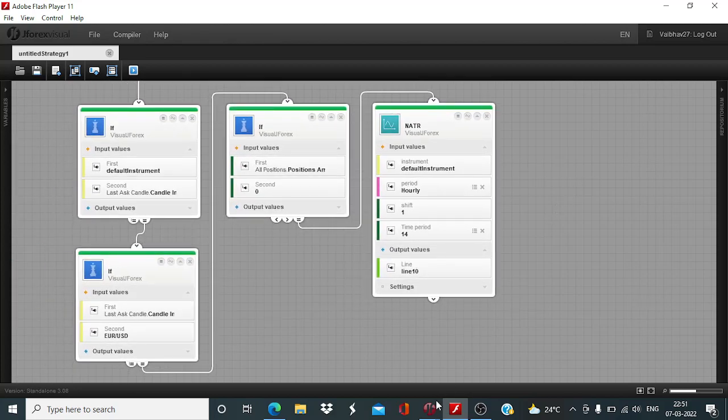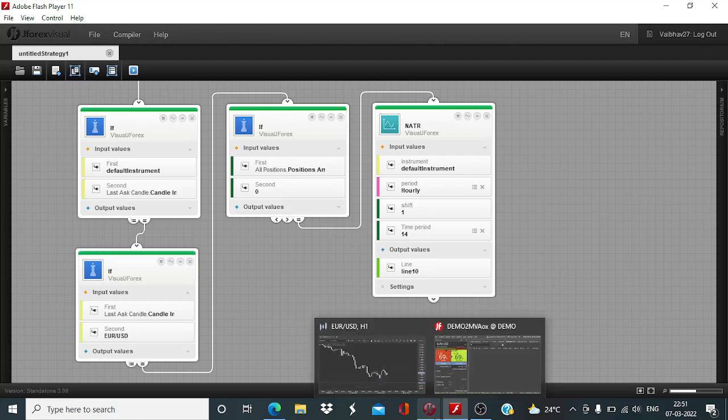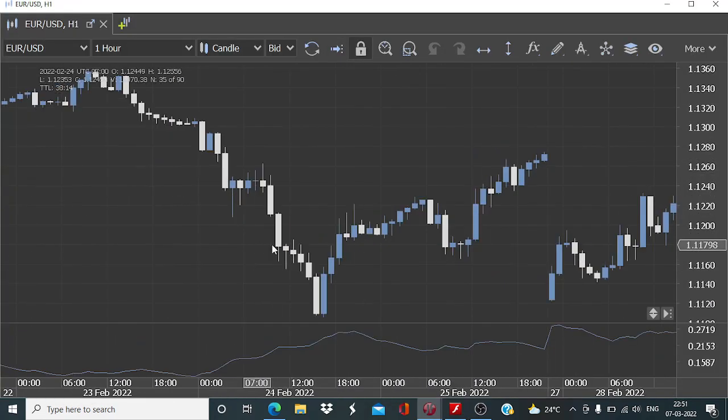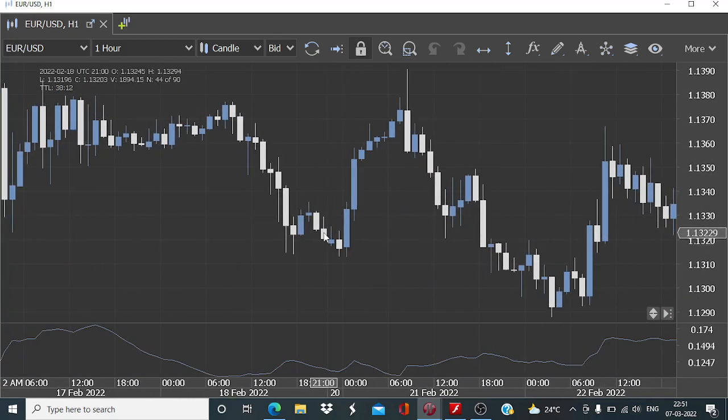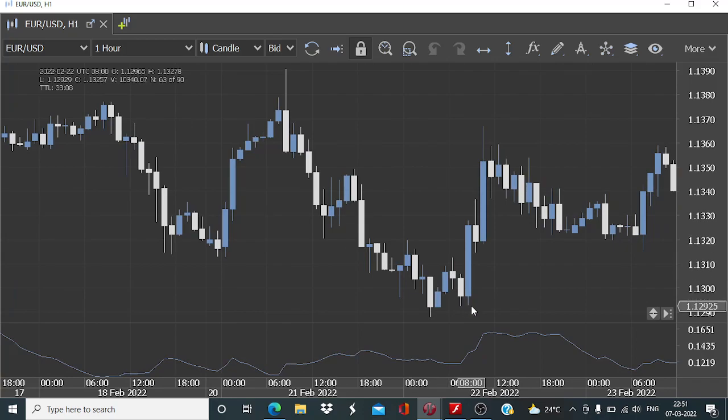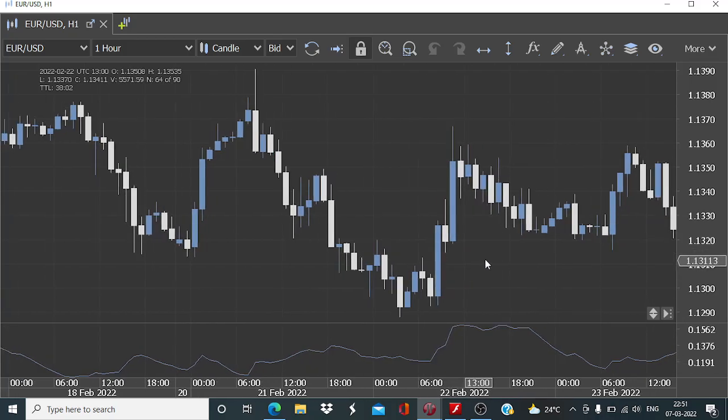Now I will explain to you what the logic is going to be in precise terms. So first I will explain the conditions for a buy trade. Here I think this will probably fit the requirement. We will be considering the jump in these NATR output values.